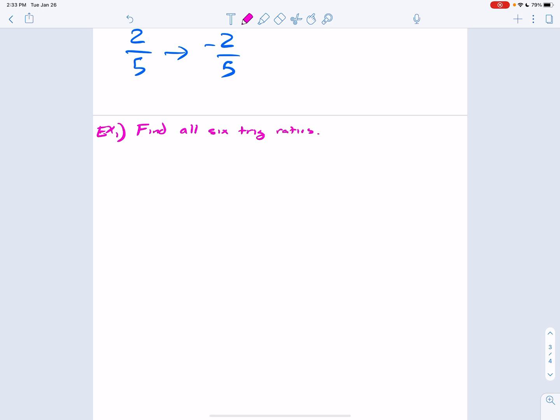Now on Delta Math, they only ask you to find one of them, but it's important that you're practicing all of them, okay? So for instance, let's start off with this picture right here. Let's call this triangle H, J, K. I'll label the sides 16, 63, 65.